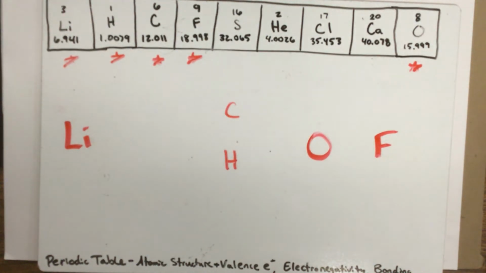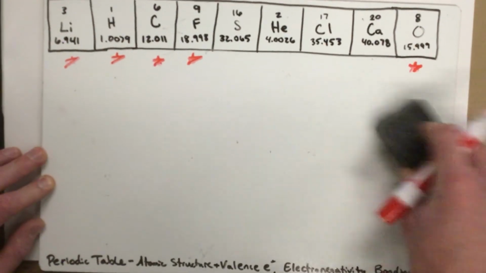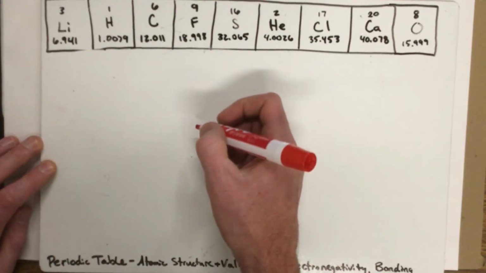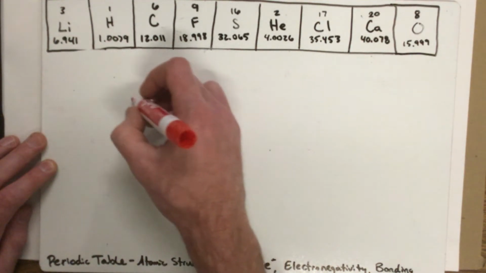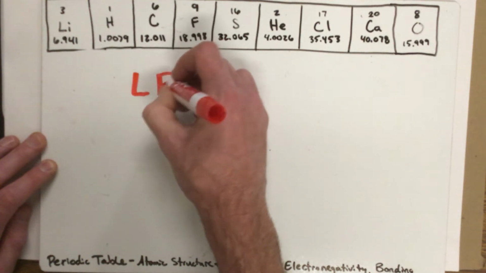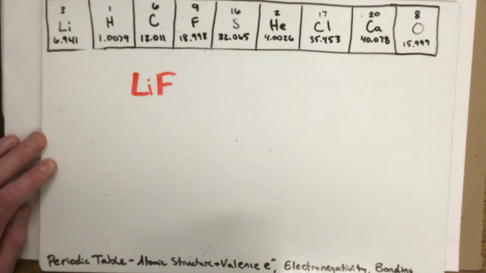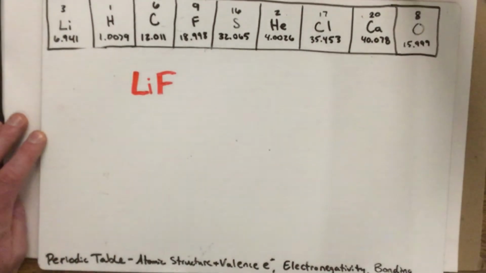All right, so now finally, because we've got that information, we can start talking about chemical bonds. So in a chemical bond, let's go with something like lithium fluoride. Lithium and fluoride.